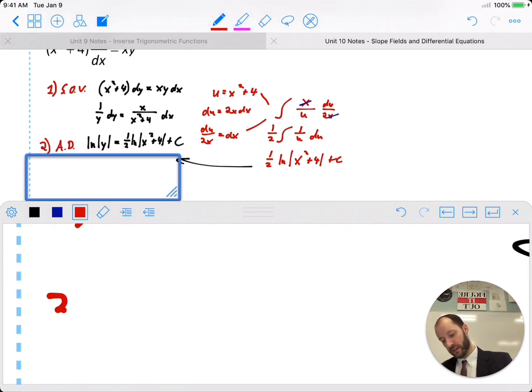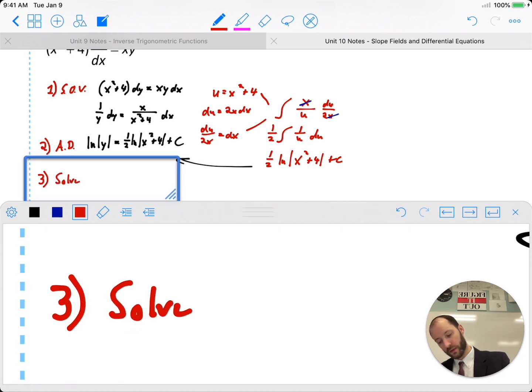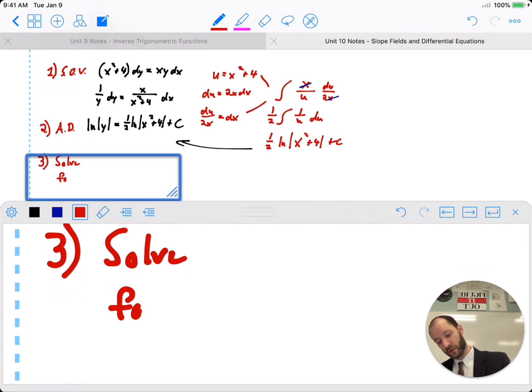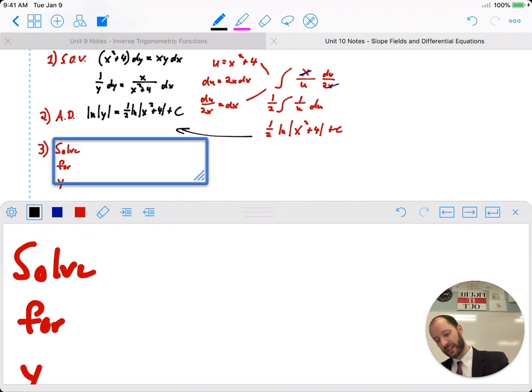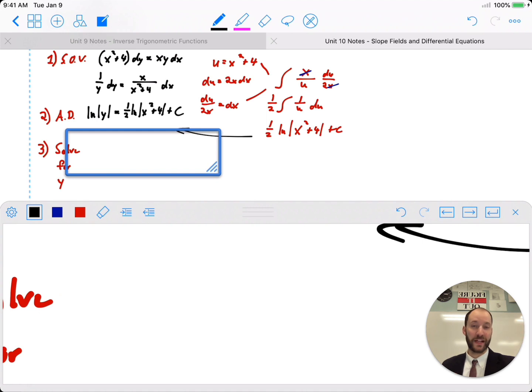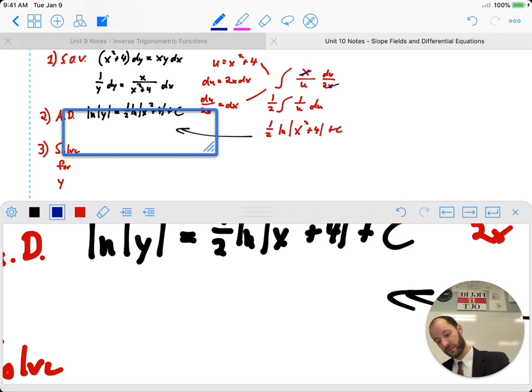Then step 3 is all algebra. So I want to then solve for y. And this step can be tricky algebraically. Like in this one, we have ln on both sides. So we think, how do we get rid of ln? We need to exponentiate both sides. Raise both sides and give them a base e.